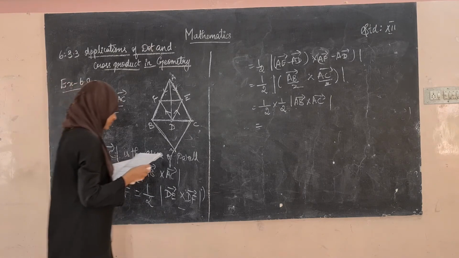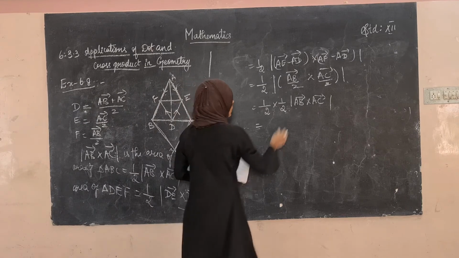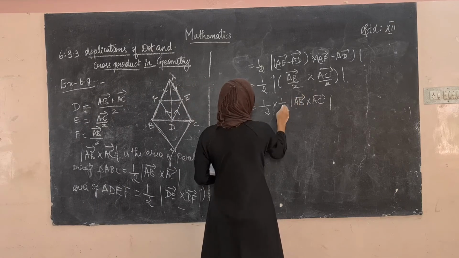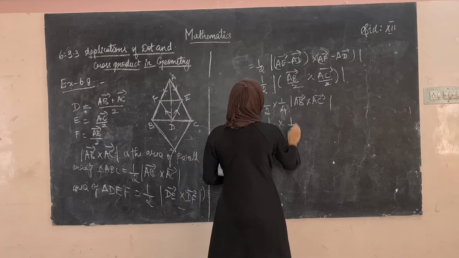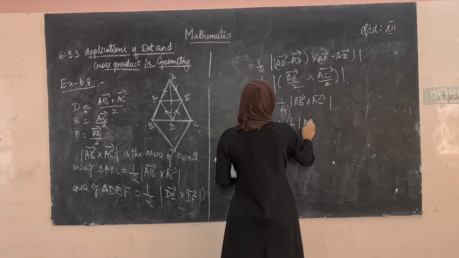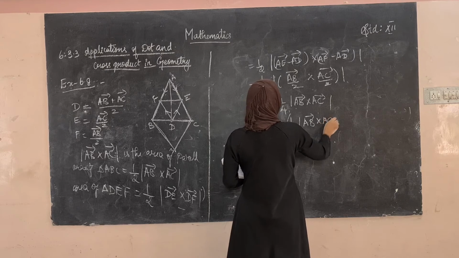But see here, this is multiplied, right? So it should be 1 by 4 into 1 by 2 of modulus of AB vector cross AC vector.